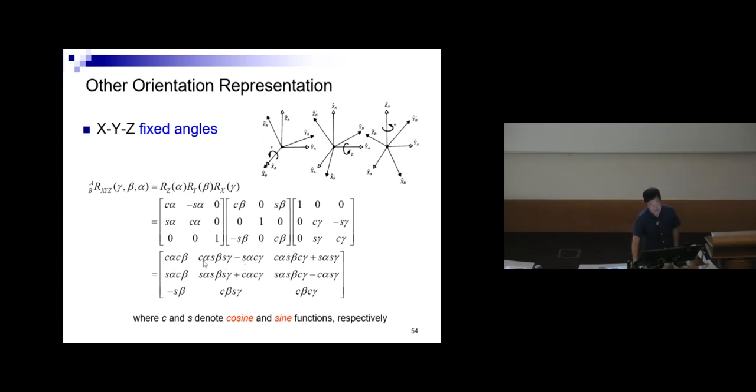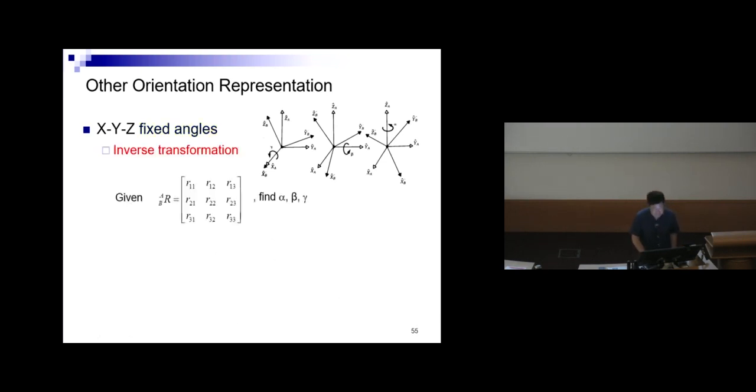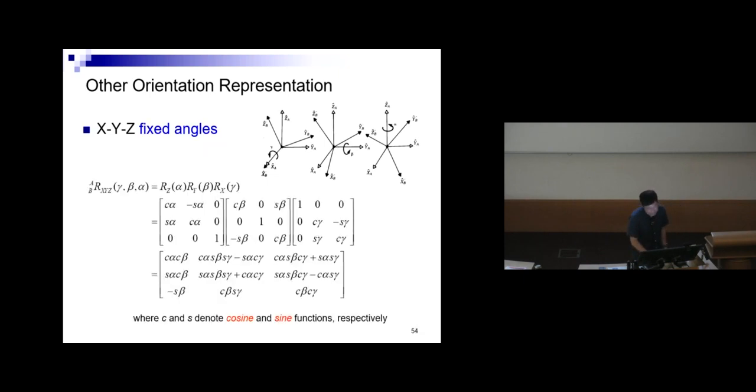Remember the notation: c and s denote the cosine and sine functions respectively. So if you have the XYZ fixed angle representation, you have the 3 angles, and you will be able to derive the rotation matrix.